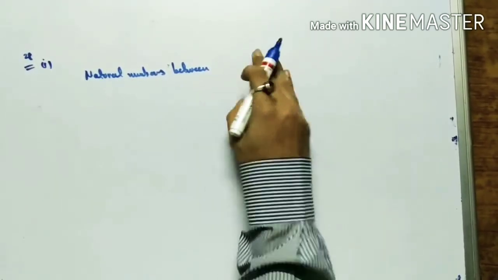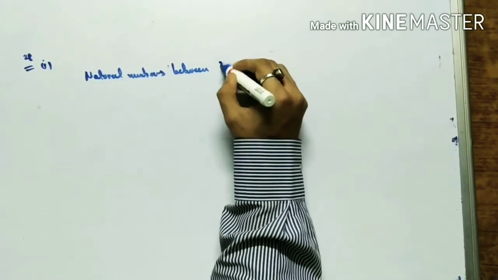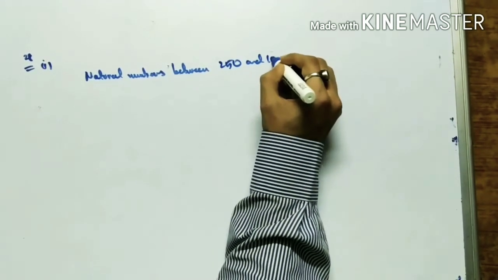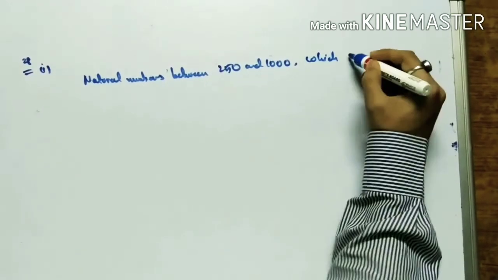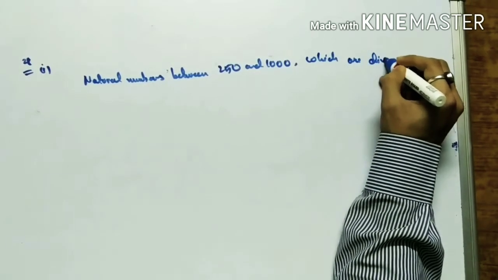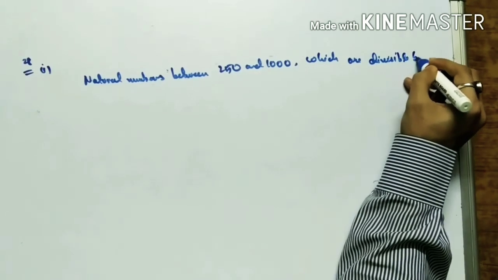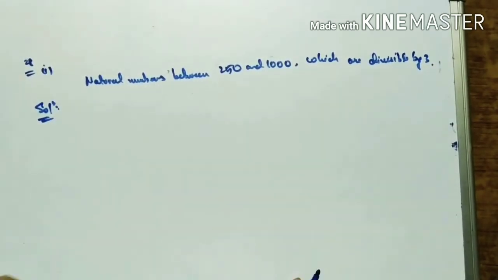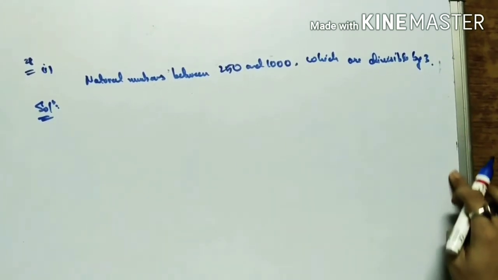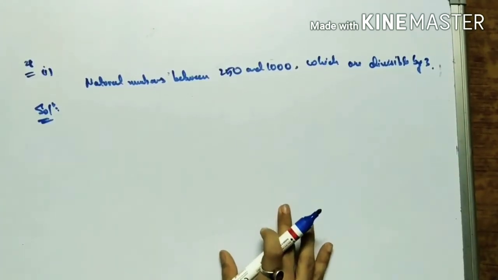Find the sum of the natural numbers lying between 250 and 1000 which are divisible by 3.